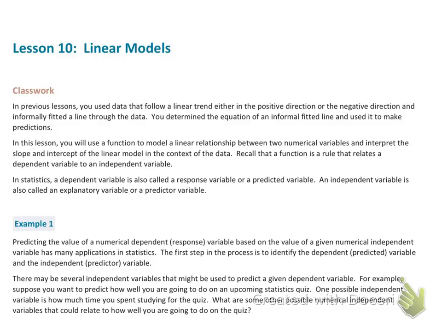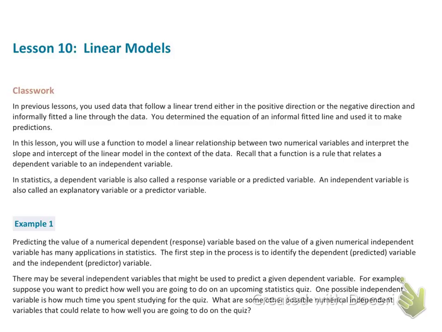So we're going to look at linear models, which you've been looking at. You've looked at scatter plots. You fit a line to the data, and then you found the equation of that line. And so in this lesson, we're going to look at actual linear functions that have a numeric function with them instead of just a scatter plot.